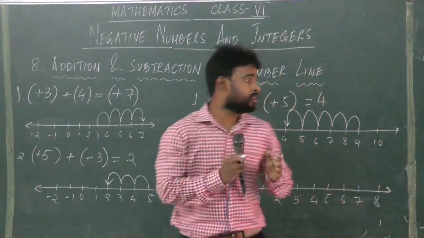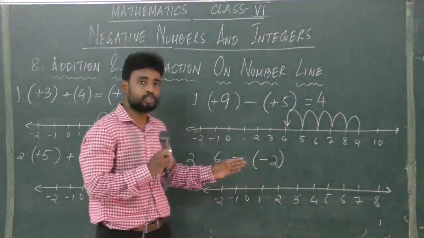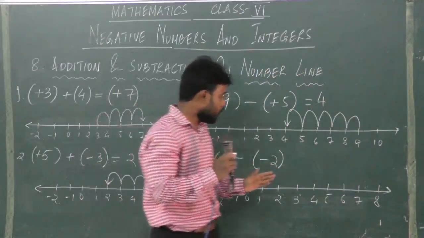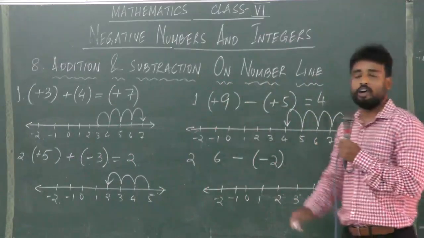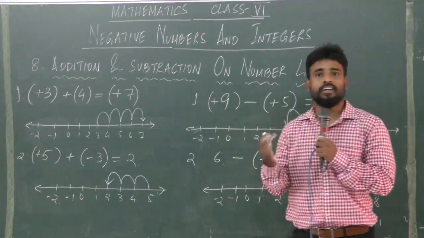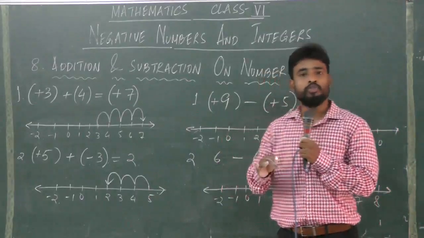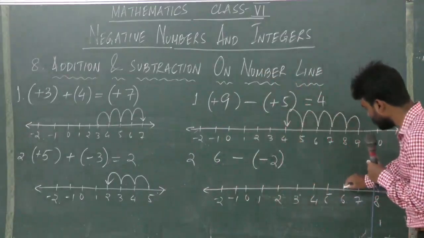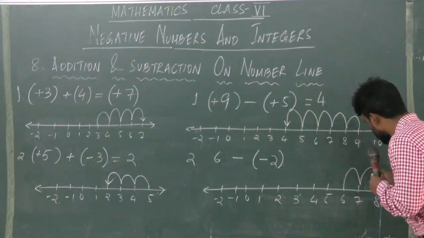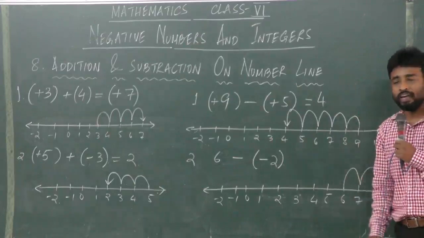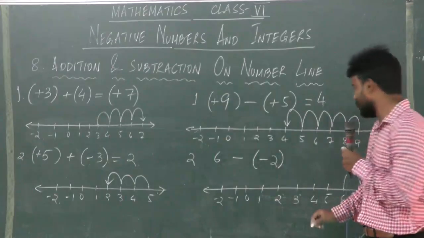So here we want to subtract minus 2 from this number. So here what we'll do is, we'll start from 6. And according to the rule, when we want to subtract a negative number from a number, we'll move to the right. So we have 6 here. We'll move 2 places to the right. 1, 2. So ultimately, you'll get plus 8 as the answer.